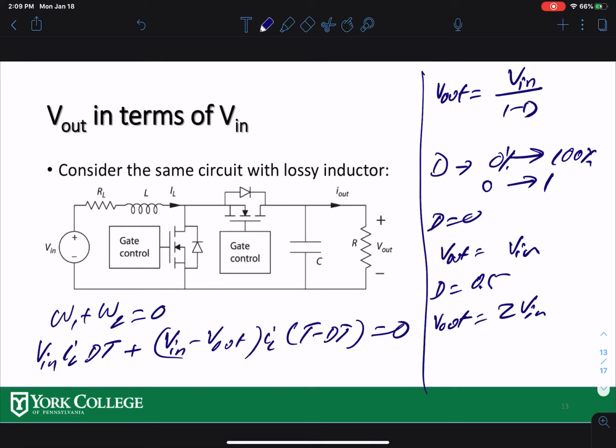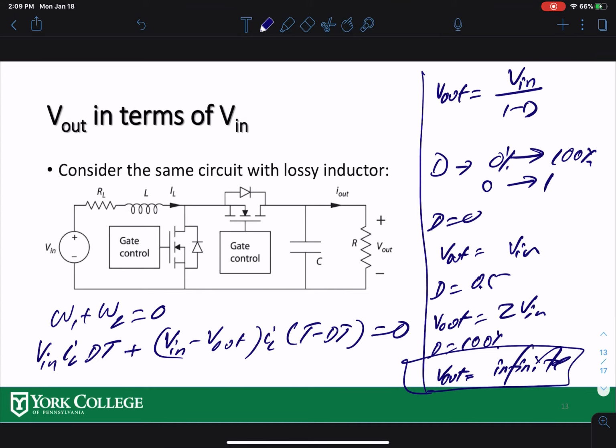You have seen it in the last one. When D equals 100%, or 1, then you will see that V out is infinite. So this is a very interesting point. We're going to discuss in class why that is, and what you make out of it.